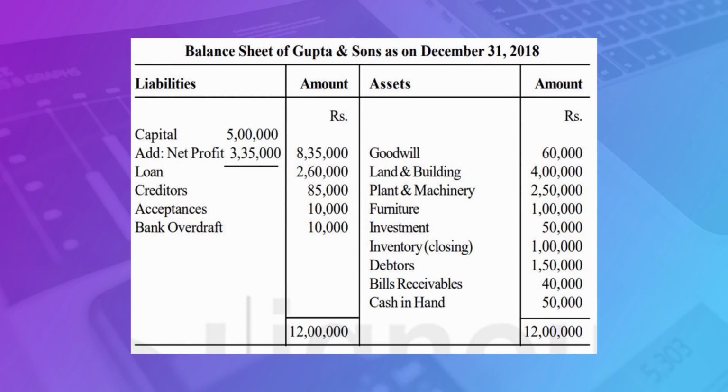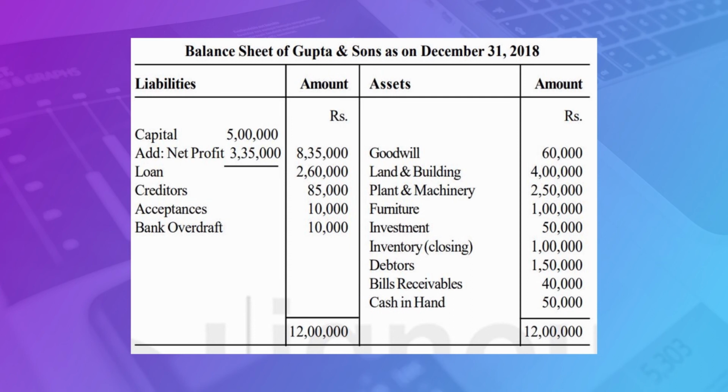Now, come to the asset side of the balance sheet. In the asset side, we see the goodwill, which is given in the trial balance, rupees 60,000. Then land and building is also provided in the trial balance, rupees 4 lakh.